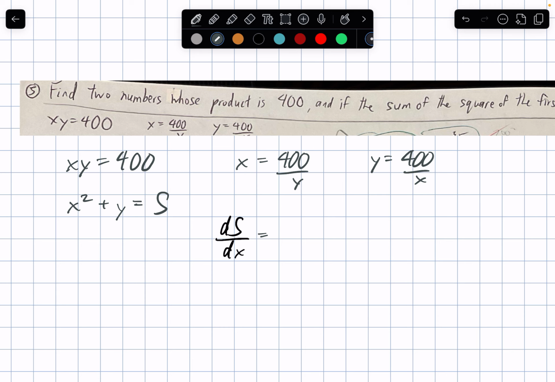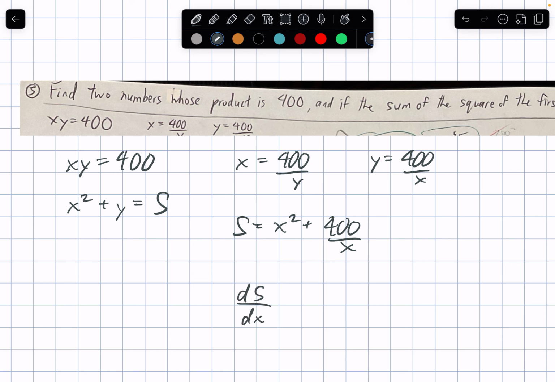So S could be, if you want to express it only in terms of either x or y, I'm going to choose x. So S equals x squared plus y squared, where y is 400 over x.